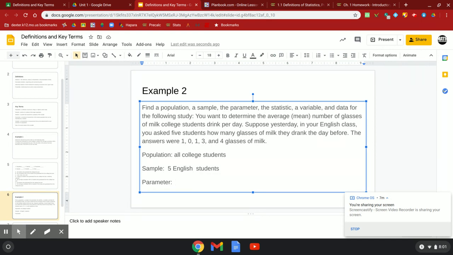That's going to be the average number of glasses of milk college students drink in a day.